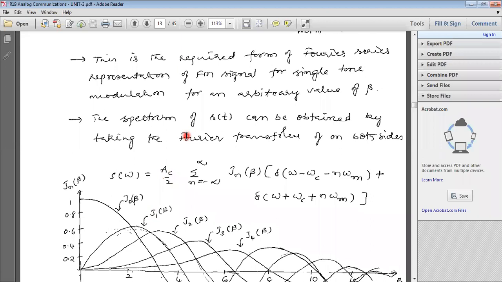If we want to represent the signal in a spectrum, we take the frequency domain. So to convert into the frequency domain, first we take the Fourier transform. Therefore, by taking the Fourier transform, S of t becomes S of omega, and the amplitude becomes half, therefore AC by 2.